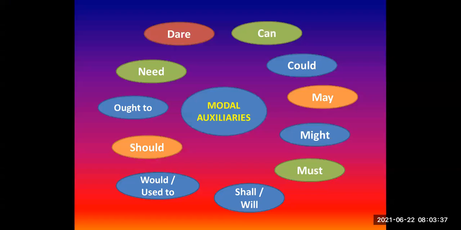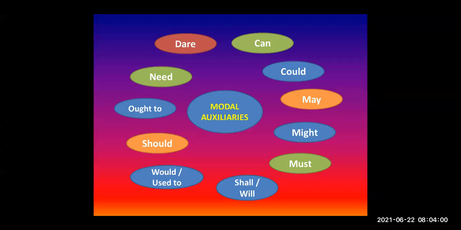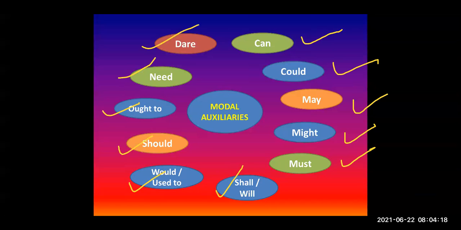See the next slide. There are a total of 13 modal auxiliaries. They are can, could, may, might, must, shall, will, would, used to, should, ought to, need, and dare.